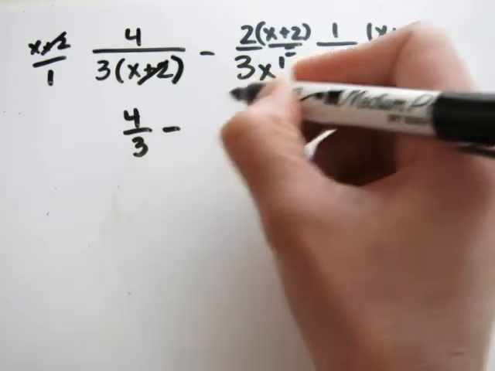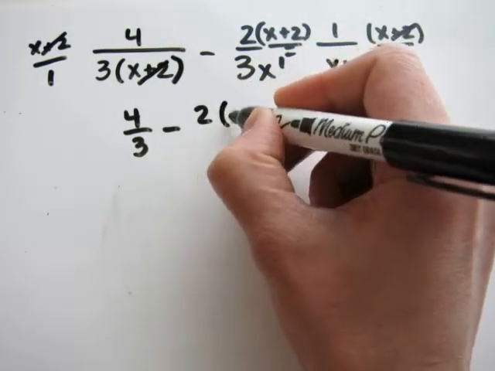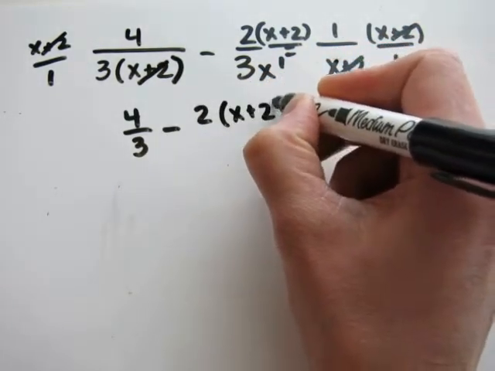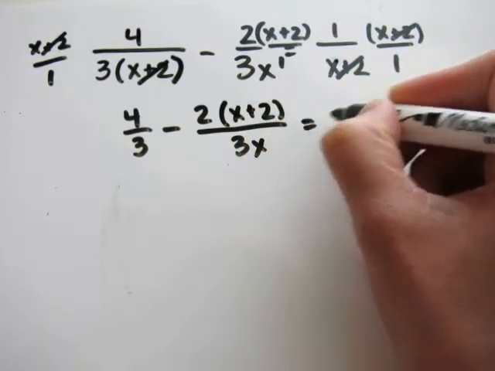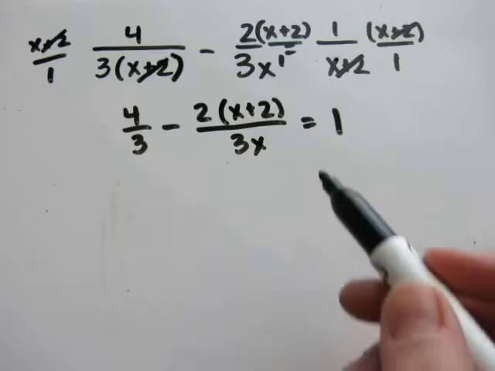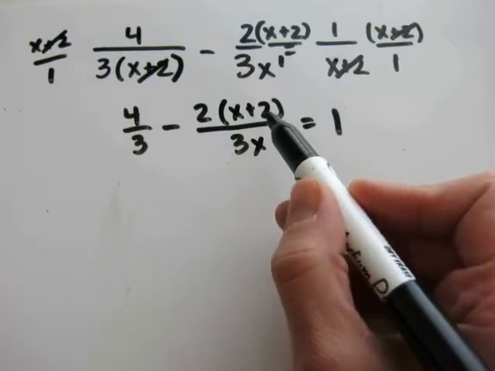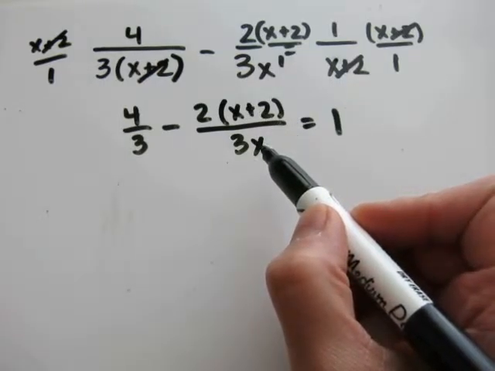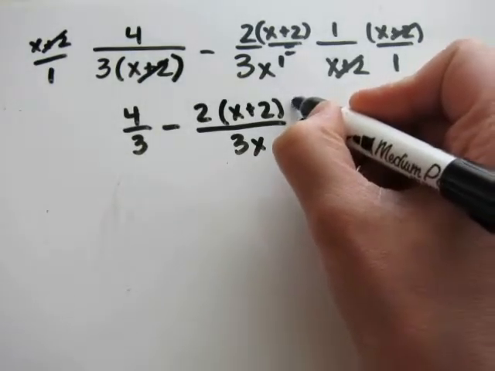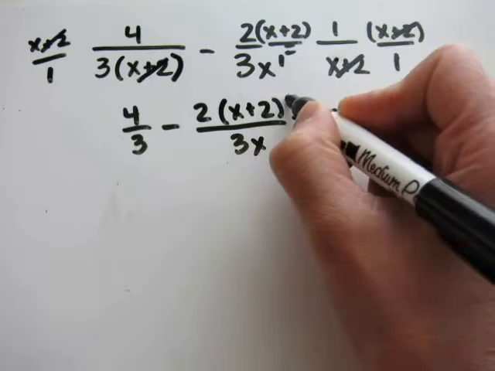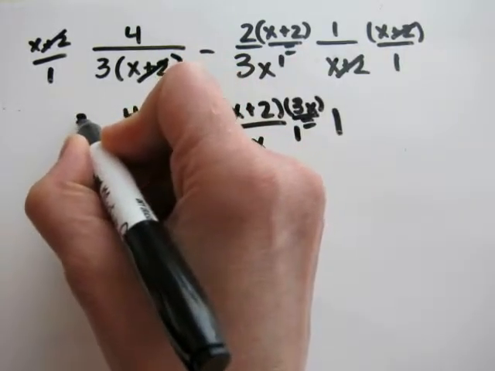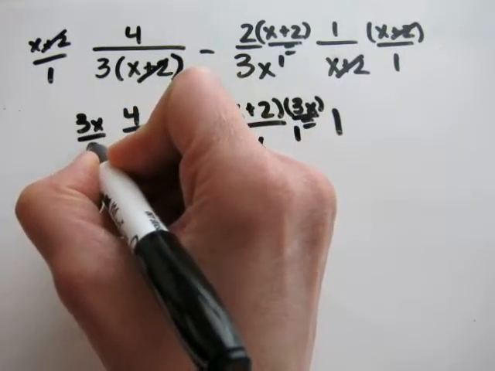4 over 3 minus 2 times x plus 2. I still have an x in the numerator and an x in the denominator. Let me get rid of this 3x denominator by multiplying 3x over 1 times each number on each side of the equation.